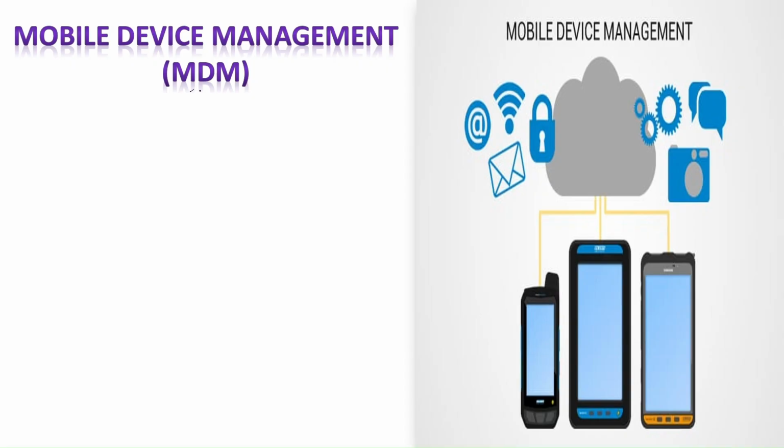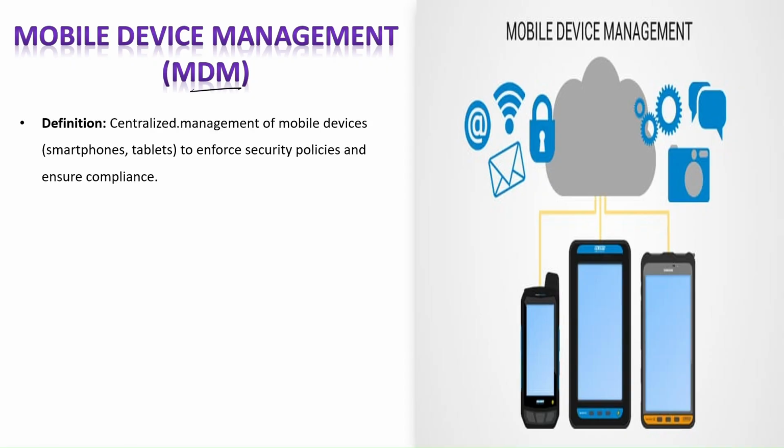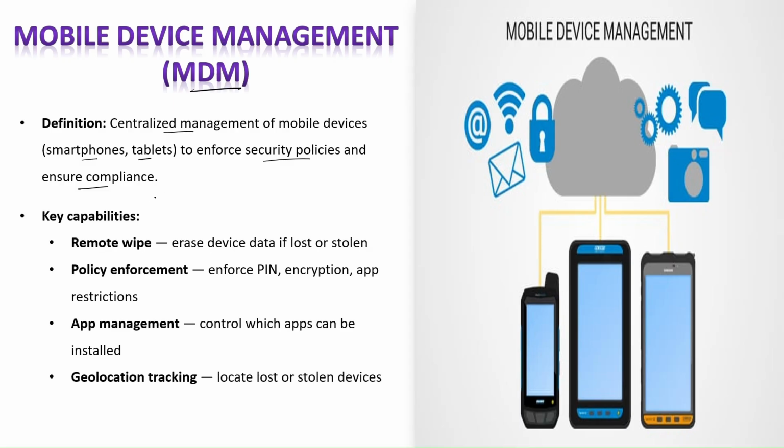Mobile device management, that is MDM, is the centralized management of mobile devices such as smartphones and tablets to enforce security policies and ensure compliance. The key capabilities that MDM provides include remote wipe, which can be used to erase device data if it is lost or stolen.